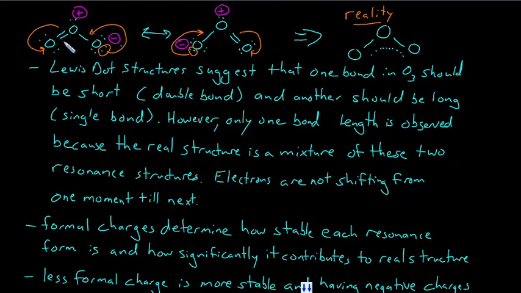You observe the double bond not on the left or the right, but at all times equally around the molecule in this case. So electrons are not actually shifting from one moment to the next around this molecule, but they exist more or less equally around this molecule in delocalized orbitals.